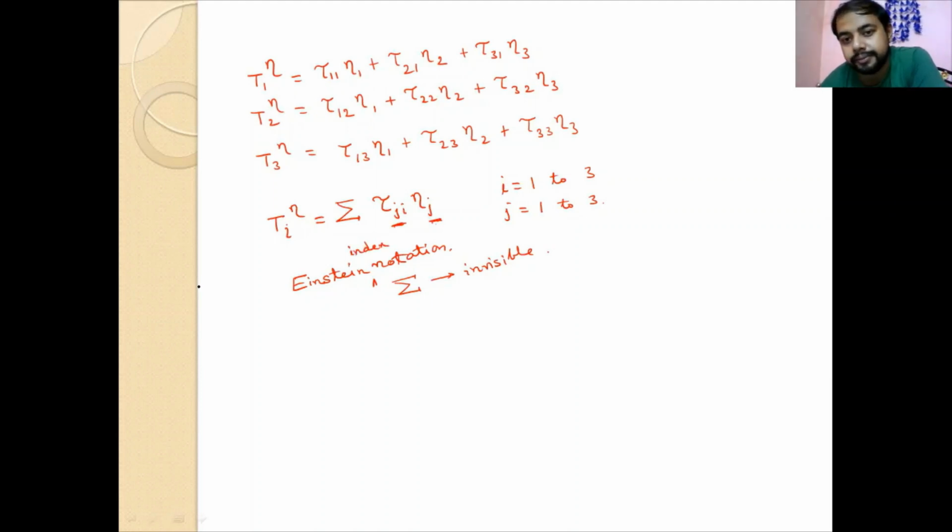So better we write it this way: tau ji nj. This is known as the Cauchy equation. Or Cauchy's theorem, sorry, it is a theorem.